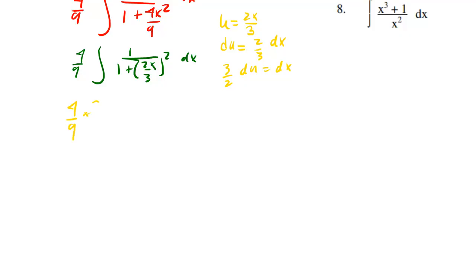I'm going to bring the 3/2 along. 1 over 1 plus u squared du, which gives me then, simplifying out in front, the 4 and the 2 give me a 2 up top. 3 and the 9 give me a 3 down below. 2/3 tangent inverse of u, where u is 2x over 3 plus a constant.